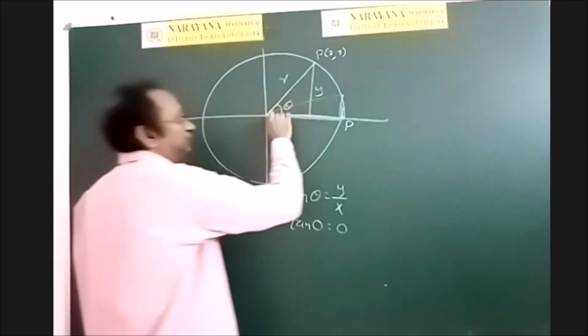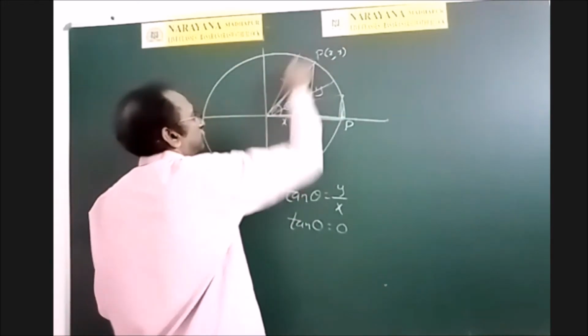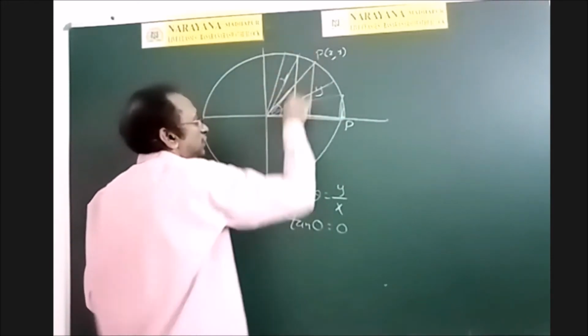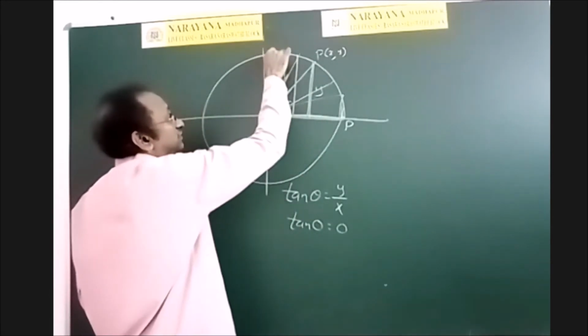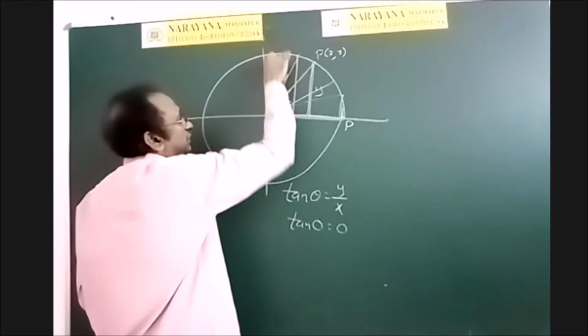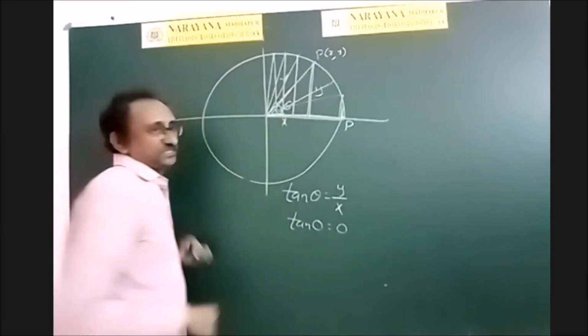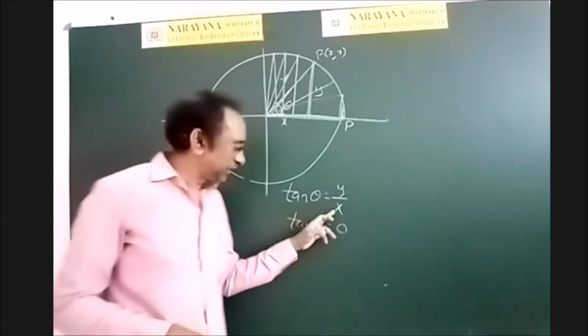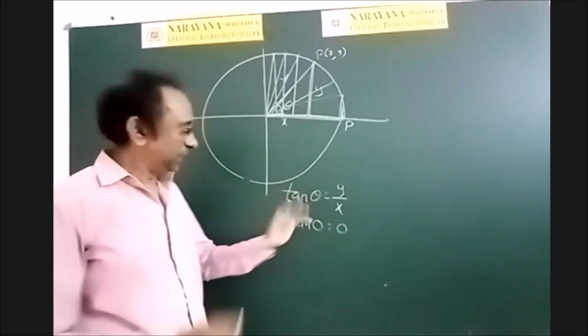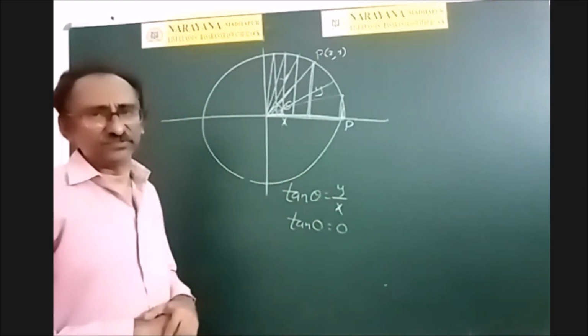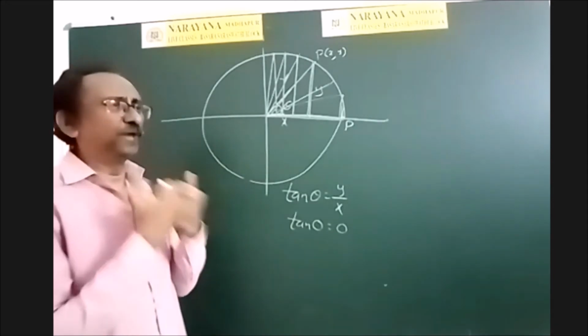But if theta increases slowly, what happens is y value increases, x value decreases. So at this point, this is y and this is x. So denominator decreases means overall value increases. That means y by x increases to a very, very large number.